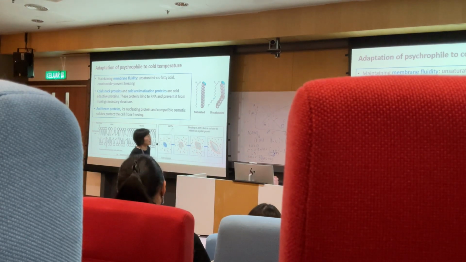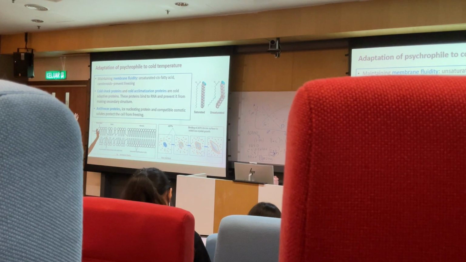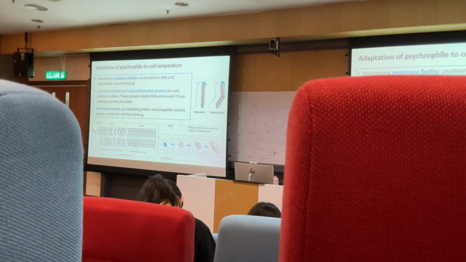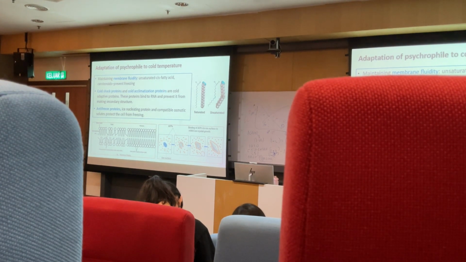Alright. Now we talk about the adaptation for psychrophiles, those that like cold. They need to maintain the fluidity of the membrane. How do they do that? They have unsaturated fatty acids. What does that mean? If you have a fatty acid that is straight, it's called saturated.